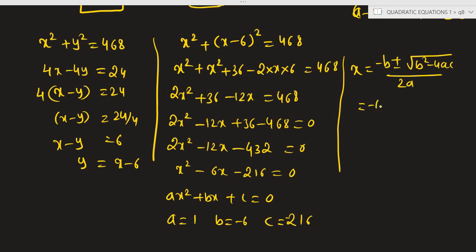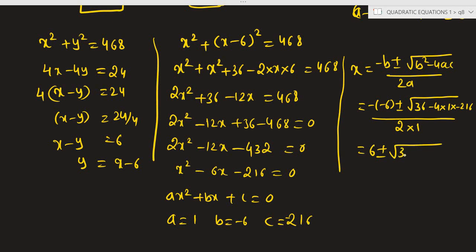Substituting b: minus of minus 6 plus or minus root of b square, that is 36, minus 4 into 1 into minus 216, whole divided by 2 into 1. This is 6 plus or minus root of 36 plus 864, which is 900, whole divided by 2. This is 6 plus or minus 30, divided by 2.